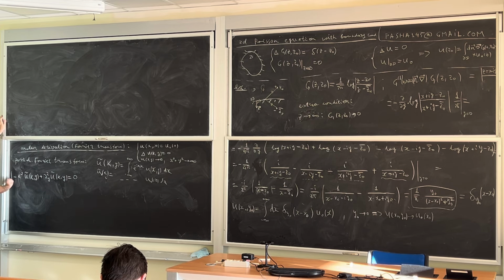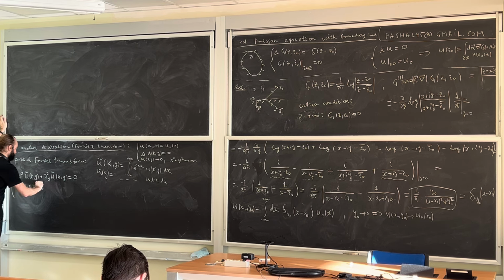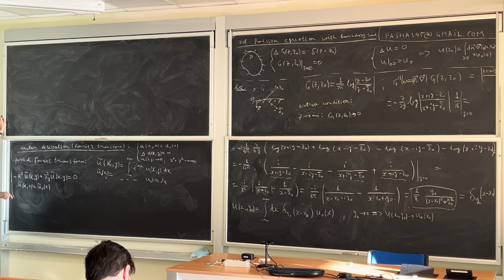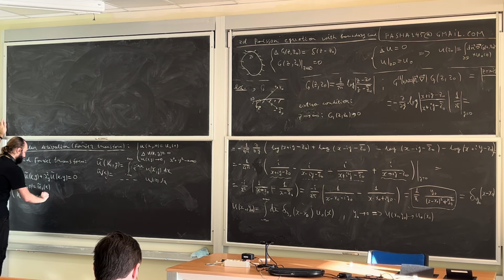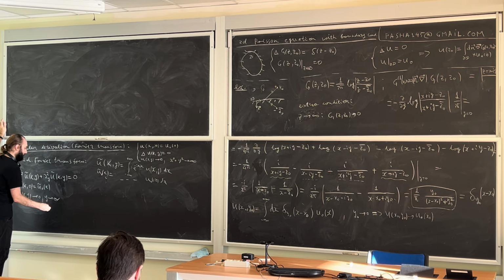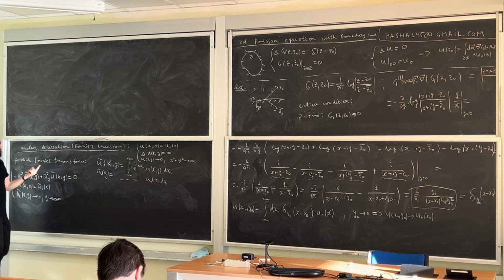equals 0. And then there is the boundary condition that u tilde of k 0 equals u0 tilde of k. And there is this last condition, which is important, that u tilde of k y goes to 0 when y goes to infinity, plus infinity in our case, because we are working in the upper half plane.